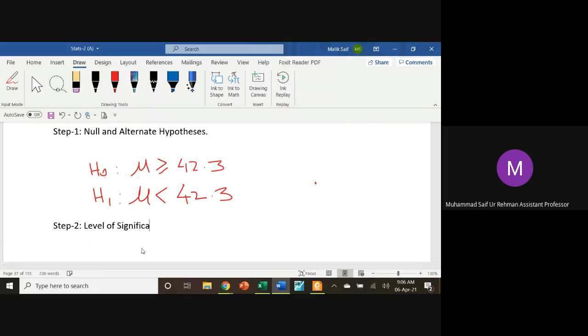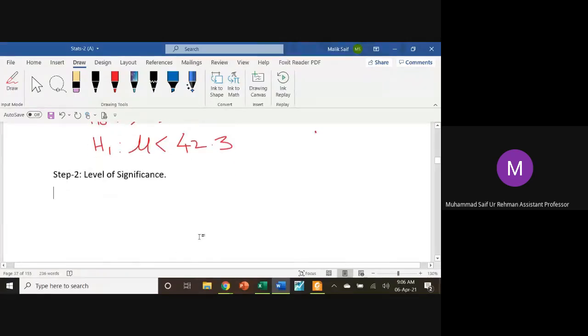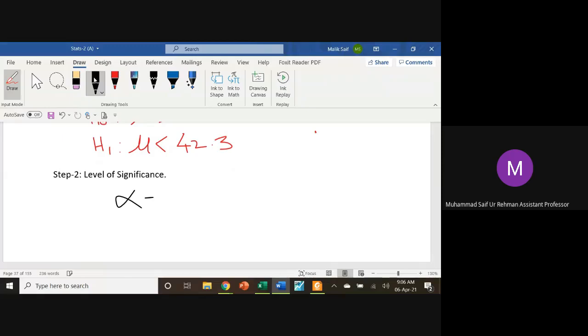It is given. It is 0.10, 10%. So you write down over here, alpha is equal to 0.10.